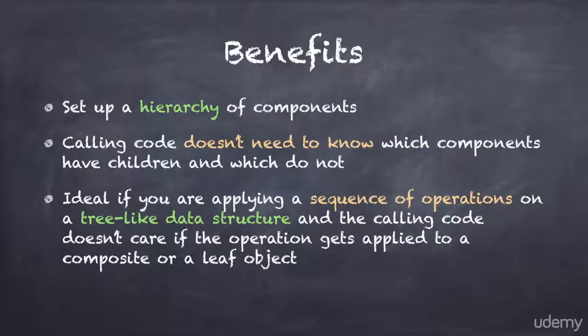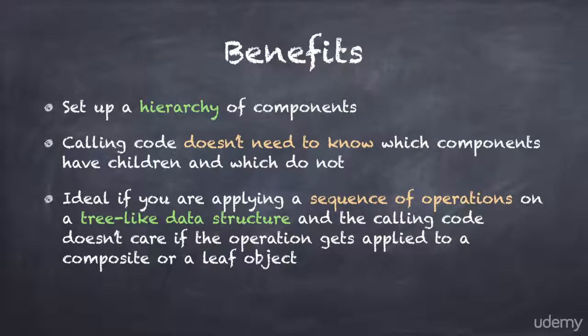But the pattern offers another advantage. The calling code doesn't need to know which components have children and which do not. All clients only interact with the component interface and are completely unaware if they're dealing with a composite or a leaf object.